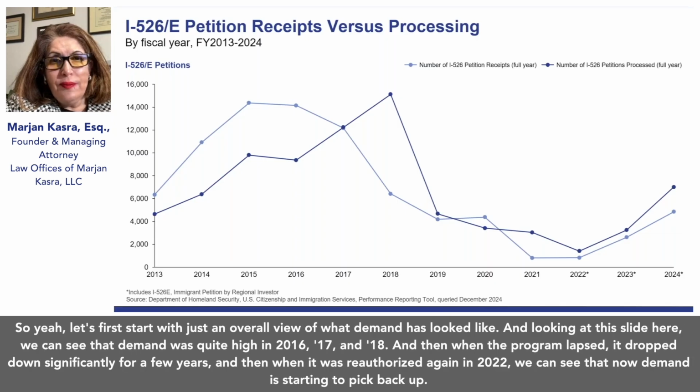Absolutely. So yeah, let's first start with just an overall view of what demand has looked like. Looking at this slide here, we can see that demand was quite high in 2016, 17, and 18. Then when the program lapsed, it dropped down significantly for a few years. And then when it was reauthorized again in 2022, we can see that demand is starting to pick back up.